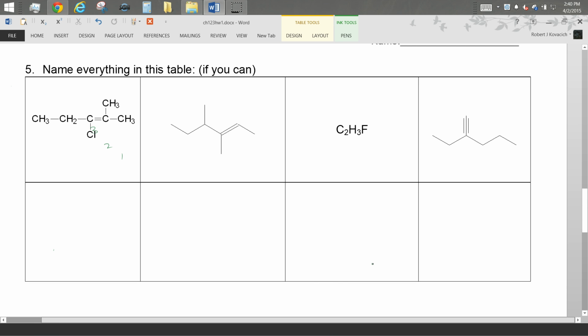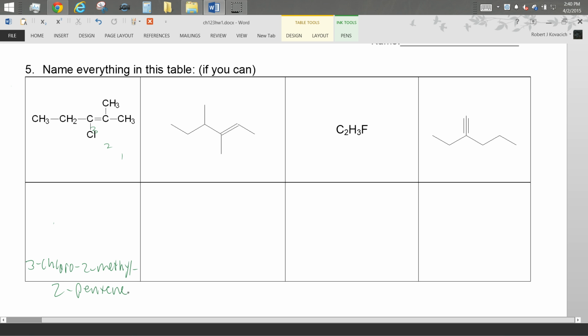I think I just need to get rid of the tables. So 3-chloro, 2-methyl, 2-pentene. Does that work?